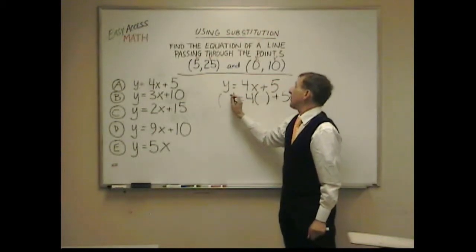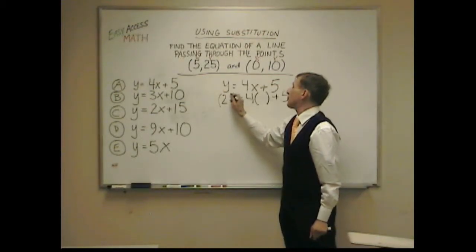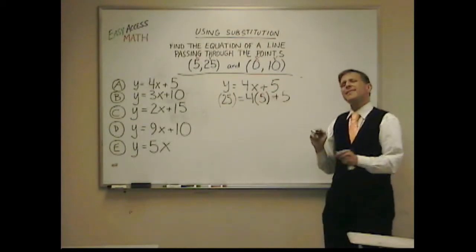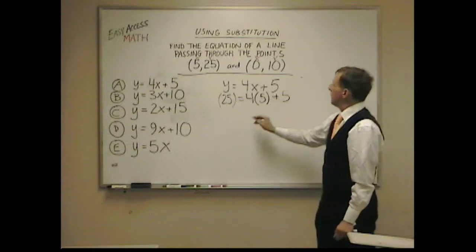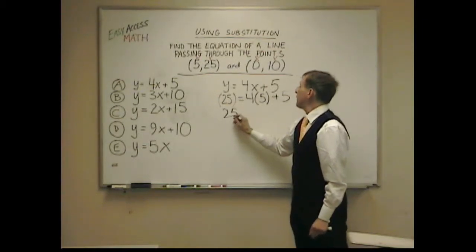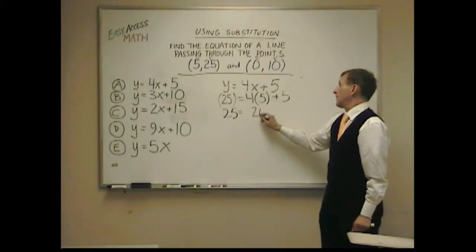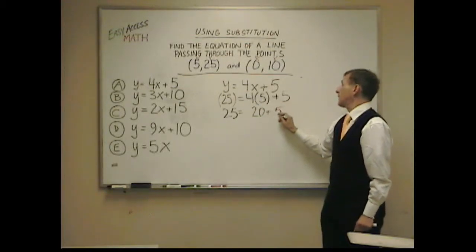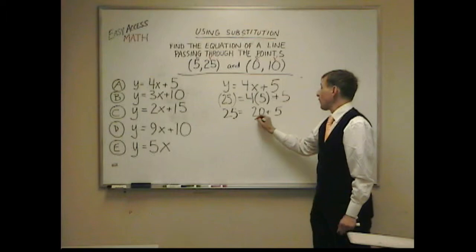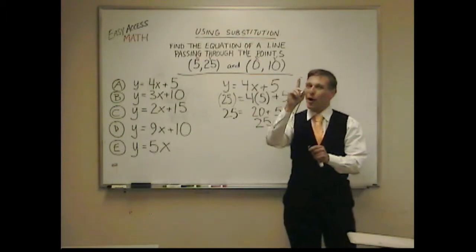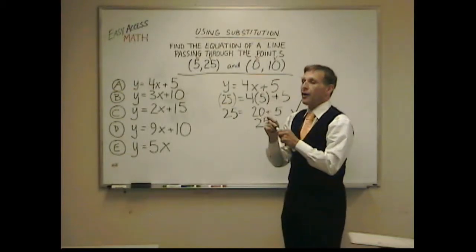And I have 25, which is y, equals 4 times 5 plus 5. Let's see if that's true. Well, 25 equals 4 times 5 is 20, plus 5, and 20 plus 5 is 25. It works, but only for this point so far.